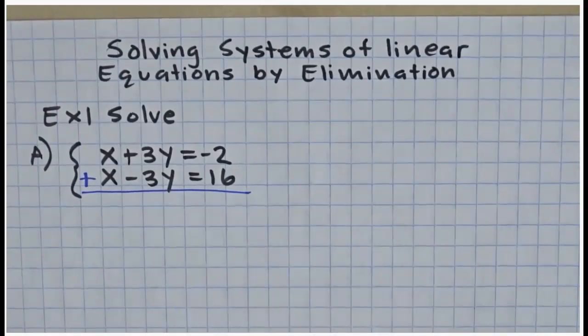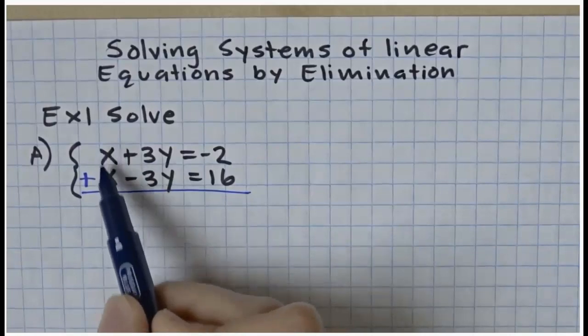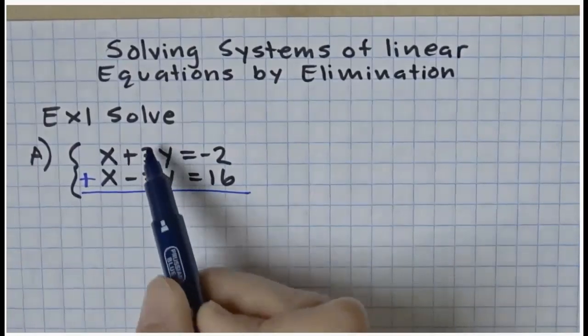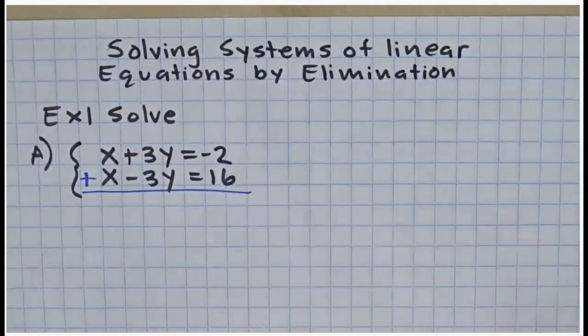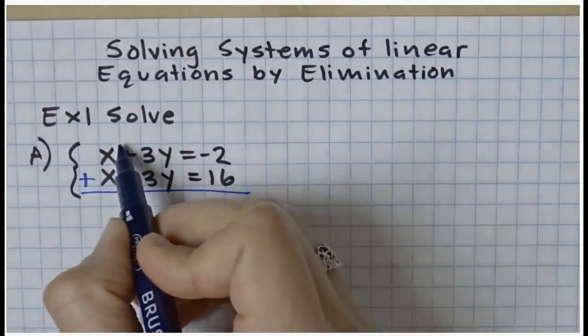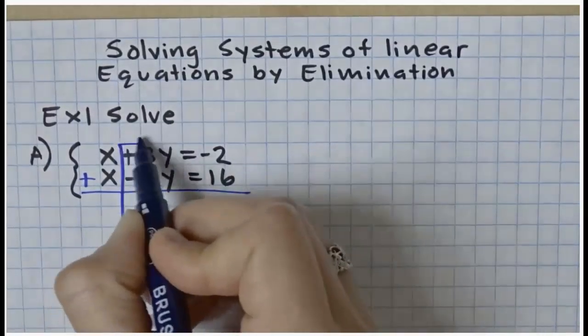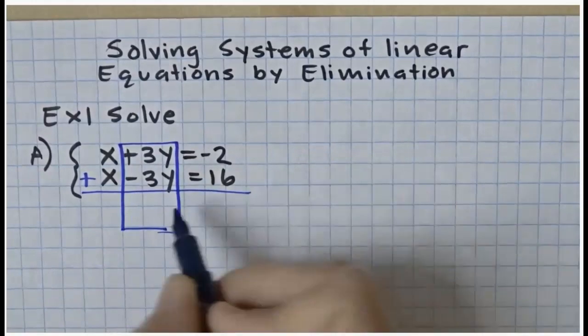And in this case, if I add them up, this would be 2x. If I add this up, that would give me a 0. And if I add these up, that would be 14. Because I can already see that right here, if I do add these up, I'm going to get a 0.